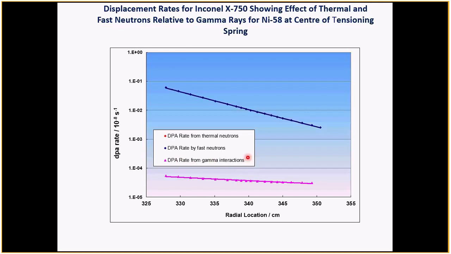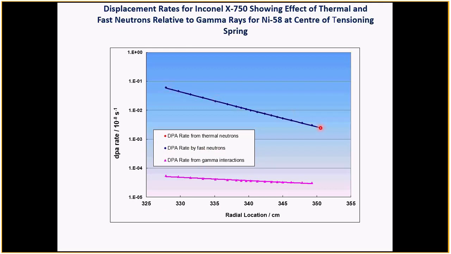So you can do the gamma if you get the gamma flux from the reactor physicists, and you look up all the cross sections involved. This was difficult, I must admit. So back in 2006, I calculated the gamma damage at all locations along the spring. So these are all the radial locations along the spring.